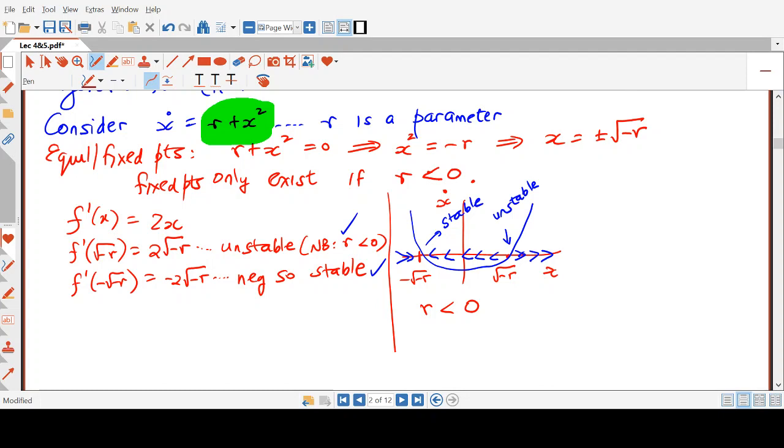Okay, let's take r equal to 0. We have to cover all our bases here. Suppose the parameter r has the value 0, then it's like x dot equals x squared. The parabola y equals x squared. It's a straightforward parabola like this. Sorry, the diagram is a bit wonky here.